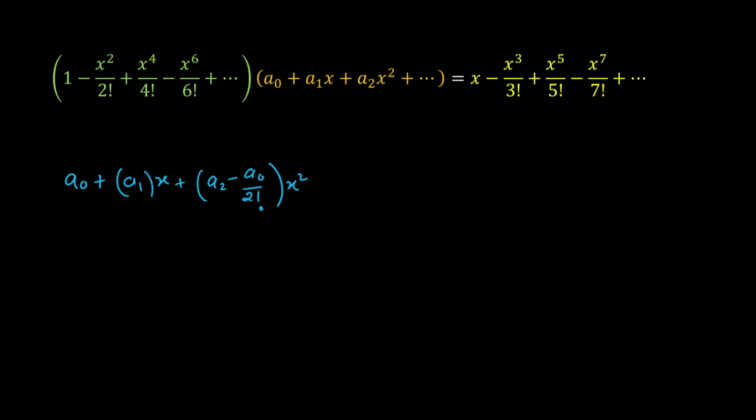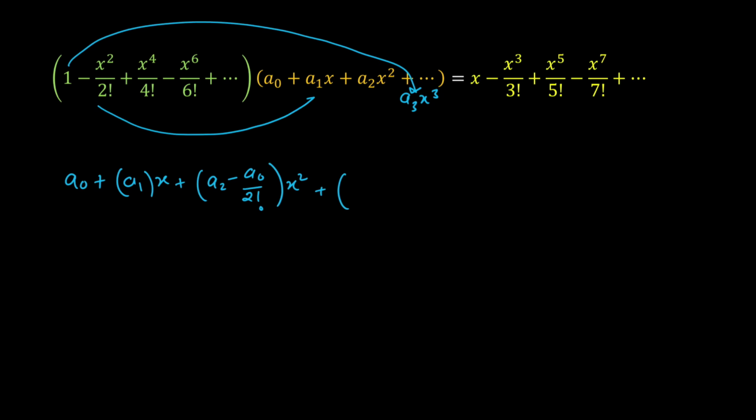In this way, suppose here is one more term like a3x cube. Now if you want to find the coefficient of x cube, we can multiply 1 with this a3x cube, and we can multiply this x square with this a1x term.